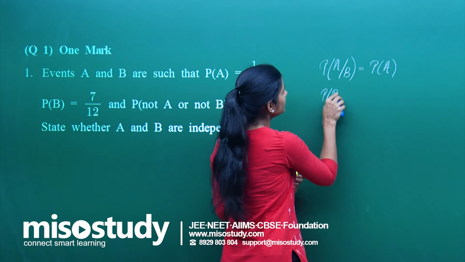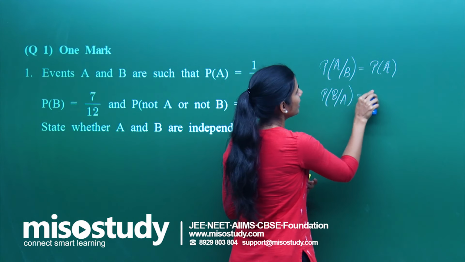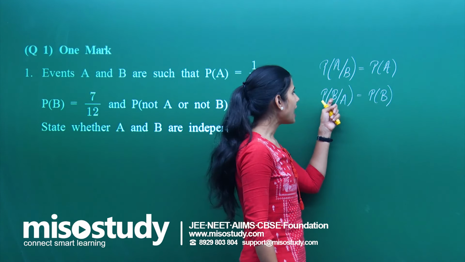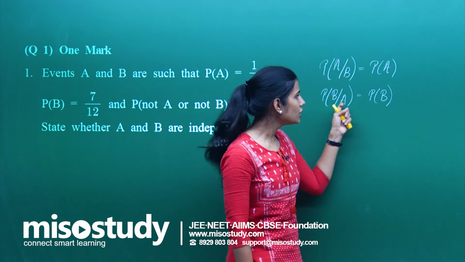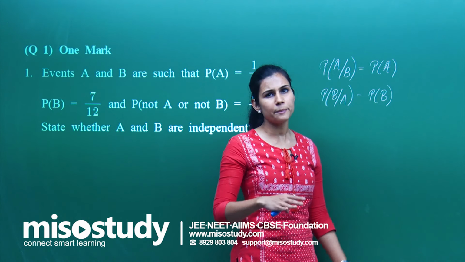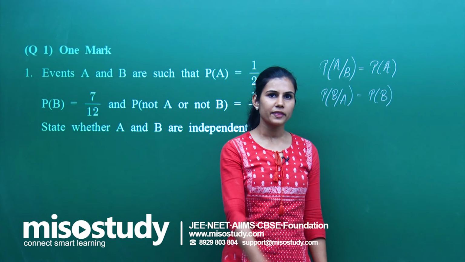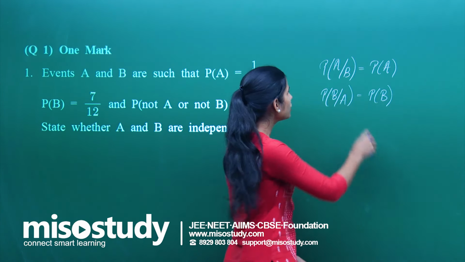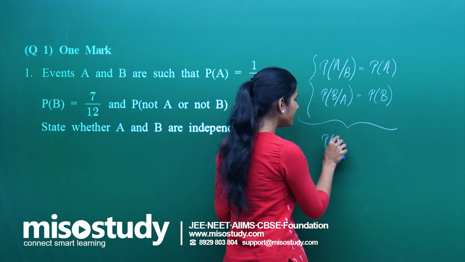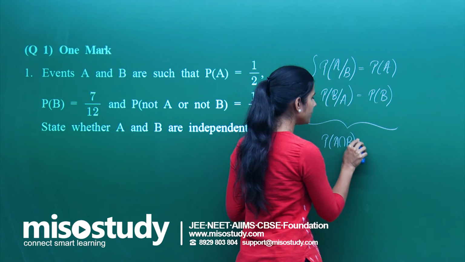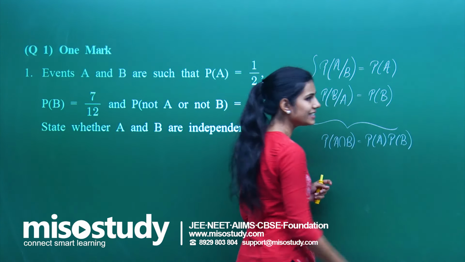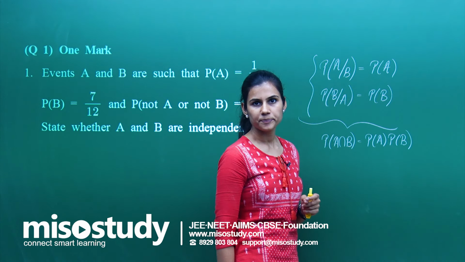Similarly, the probability of B given A happens to be equal to the probability of B. That means the probability of happening of B when A has already happened or when A has not happened, they are the same, because happening or not happening of A does not affect the probability of happening of B. Because of these facts related to 2 events being independent, I get the probability of A intersection B to be equal to the probability of A into the probability of B, provided A and B are independent.